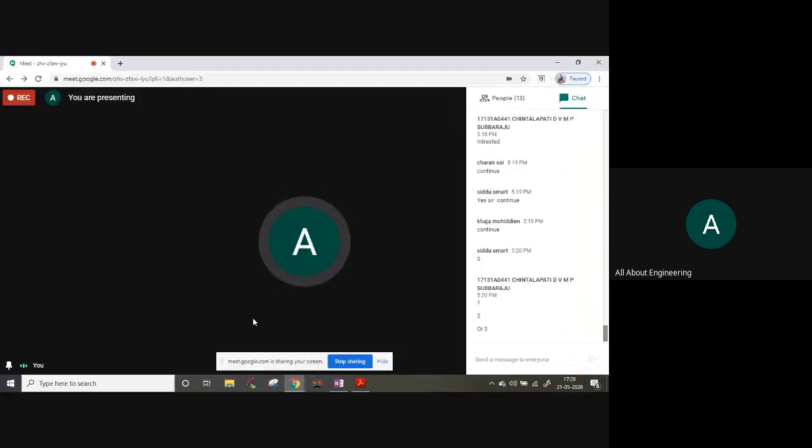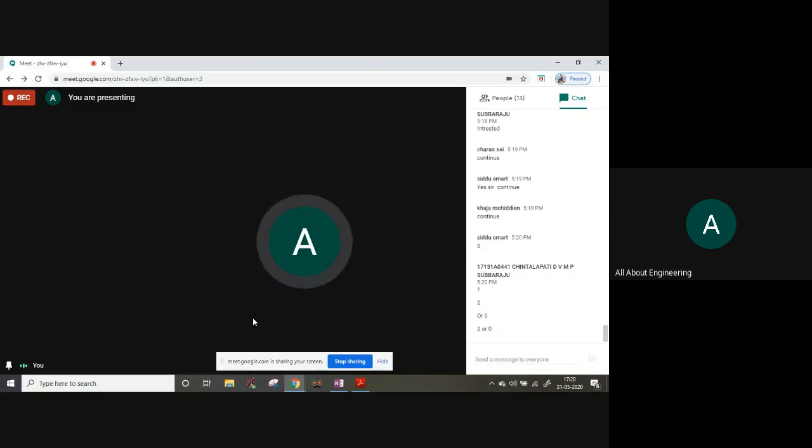One, two, or zero? How many gates? You stick to one answer, either 1, 2, or 0. Yeah, Sidhu gave answer 0. You are giving more answers, man. Subbu, 2 or 0?